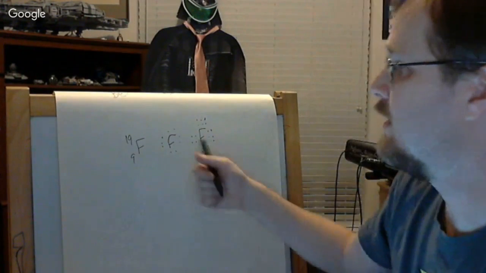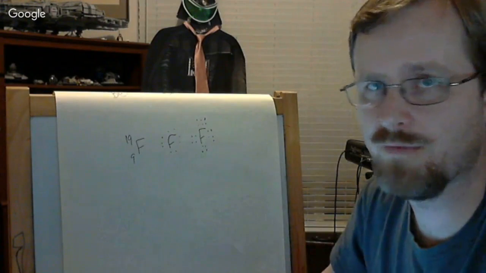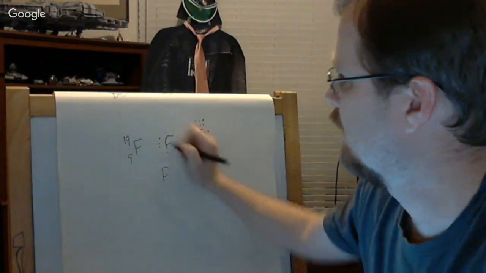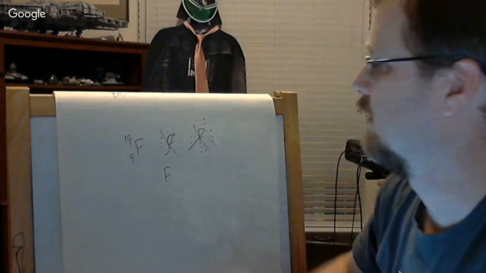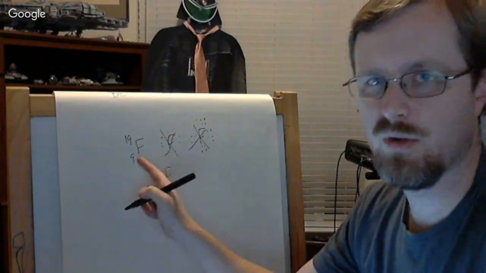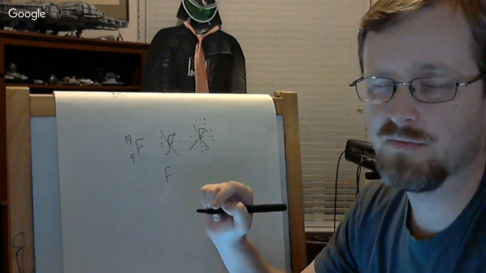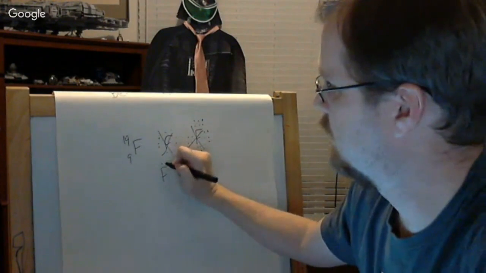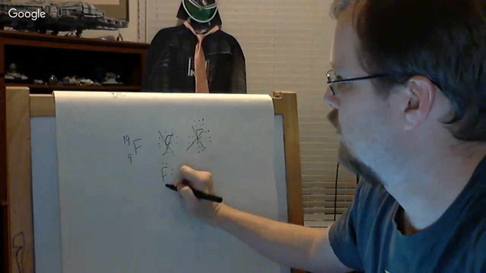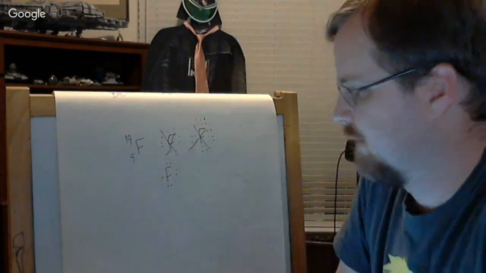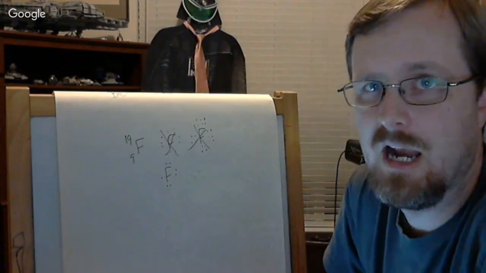Okay, so what is the correct E dot structure for fluorine here? Well, if there are 2 electrons in the first level, that leaves 7 electrons for the second level. And so this E dot structure should only have 7 dots, like so.